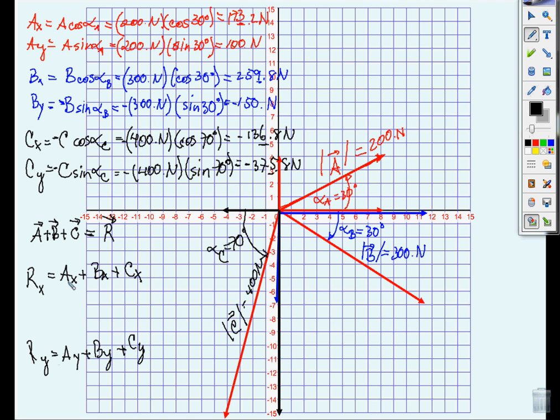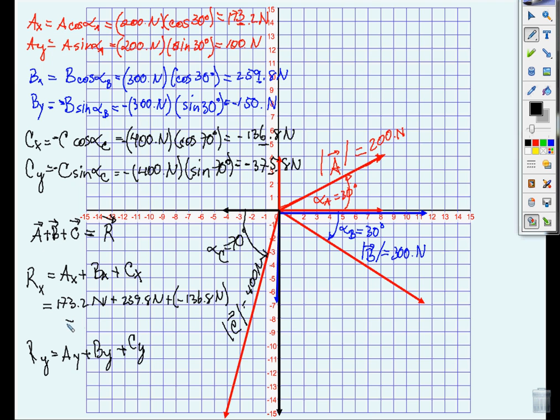Okay? Now, when we add them, what is ax? Well, ax is 173.2 newtons, plus bx, which we already computed, is 259.8 newtons, plus the component in x for c, which is negative 136.8 newtons.